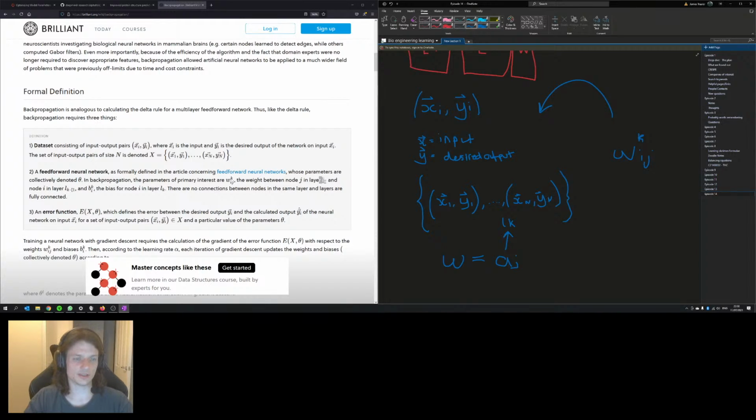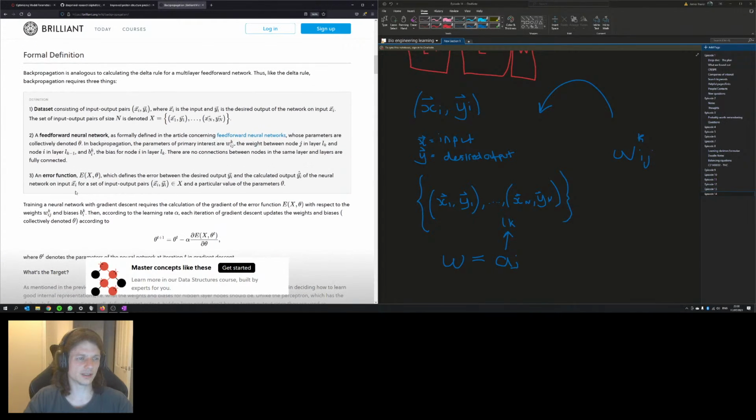So k minus 1 is the layer, and b for that layer is the bias for node i in layer k. There are no connections between nodes in the same layer, and layers are fully connected.